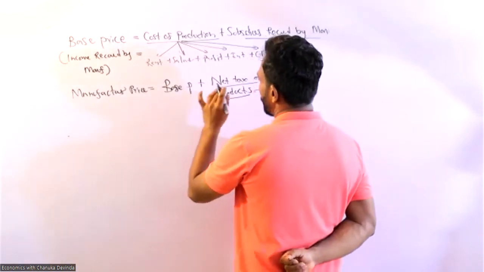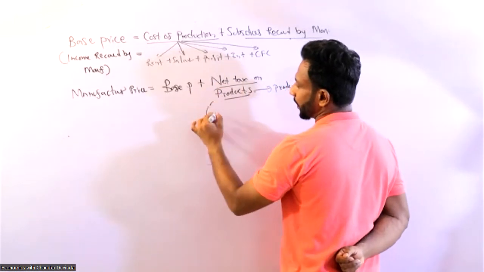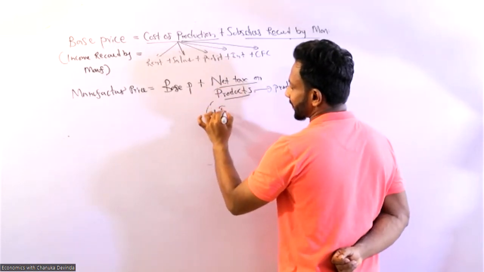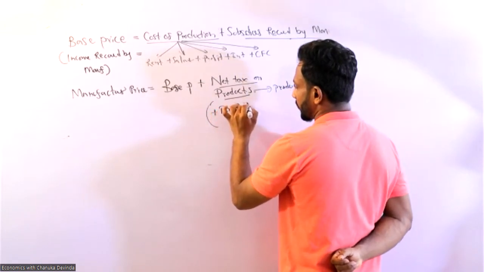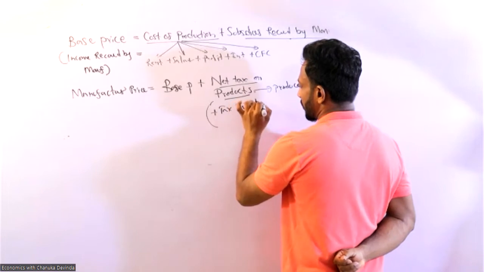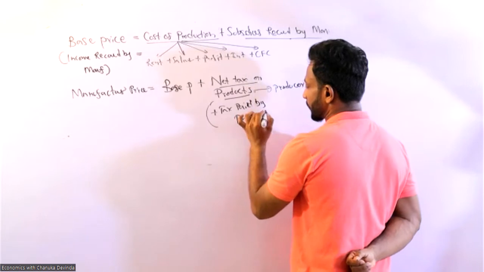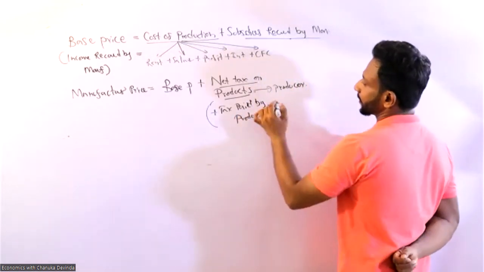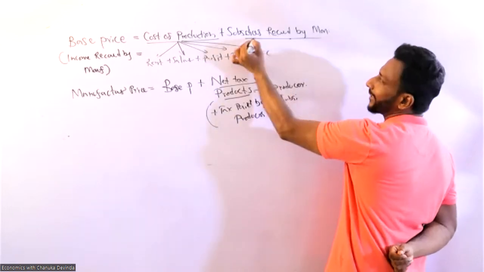Plus net tax means plus taxes paid by the producer, minus subsidies, because subsidy is already included, right?